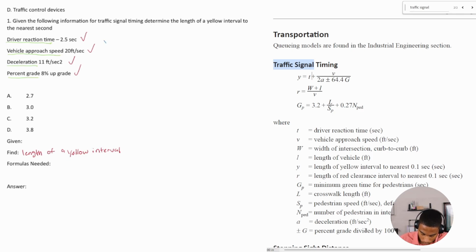So y is equal to t, which is 2.5, plus v, which is 20, and it's all over your 2 times your 11.